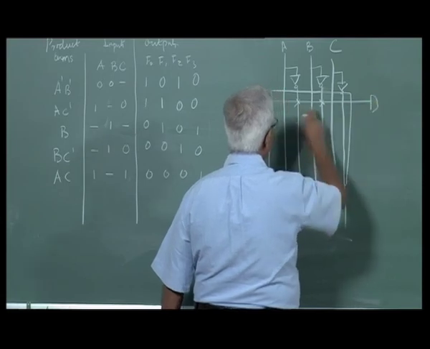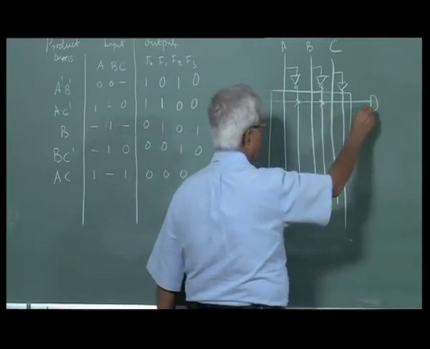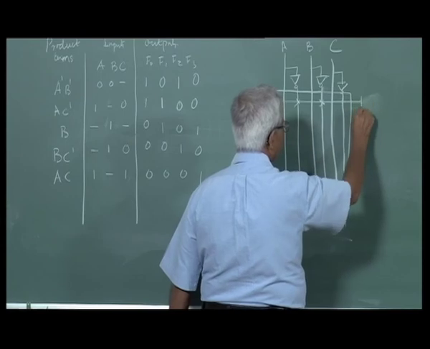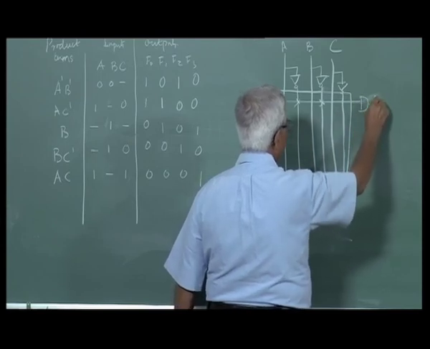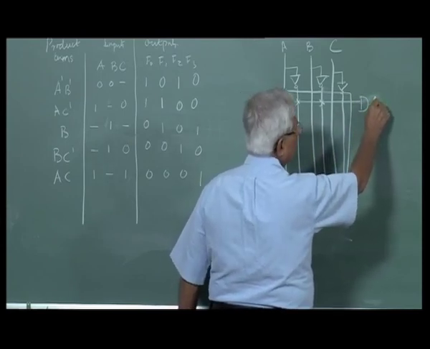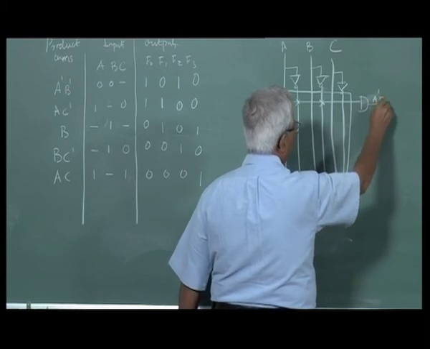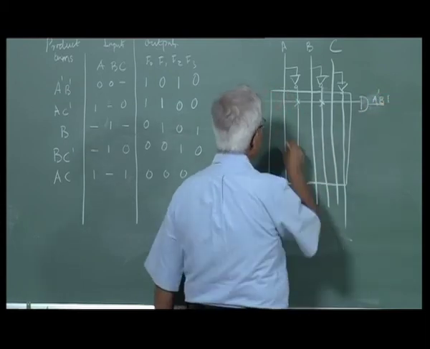These two inputs are provided to an AND gate to get my A bar, B bar. Second is AC bar.